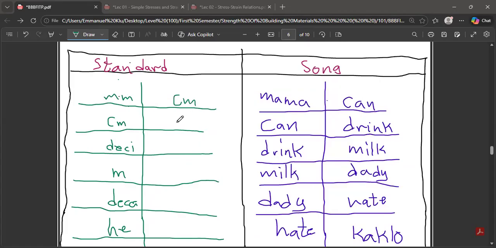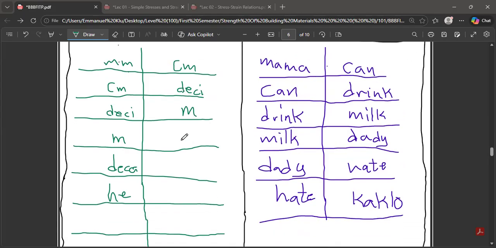So at the other side, we are going to put what? Can drink. It's just the same thing, okay? So this is meter. Deci. Deca. Hecto.